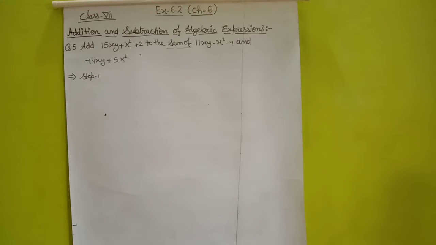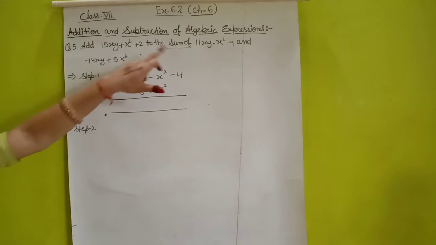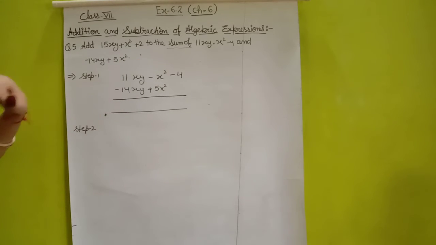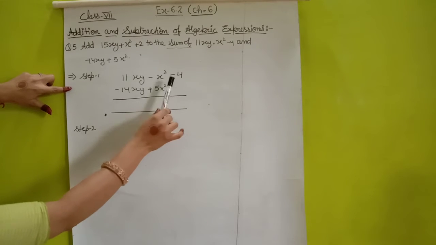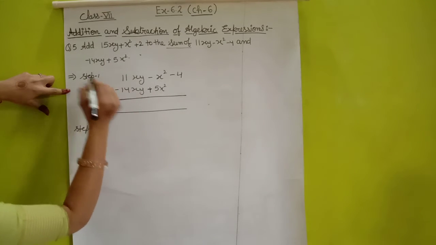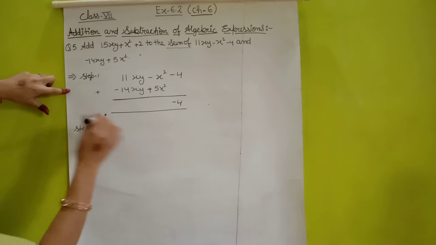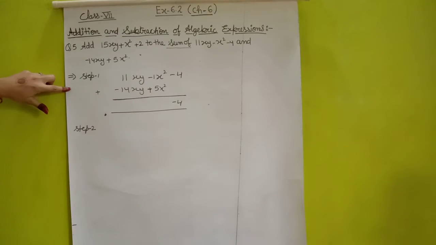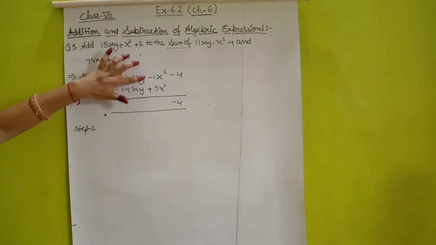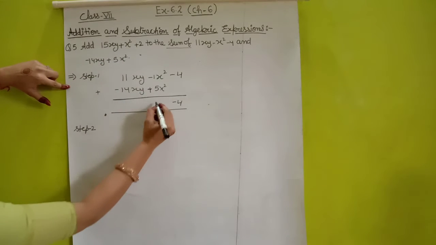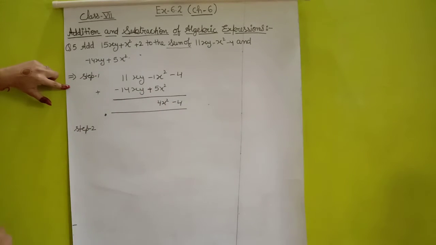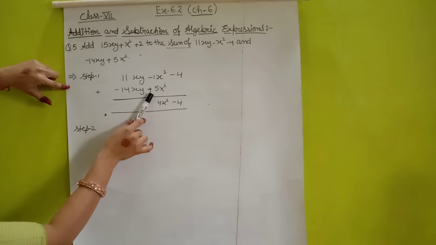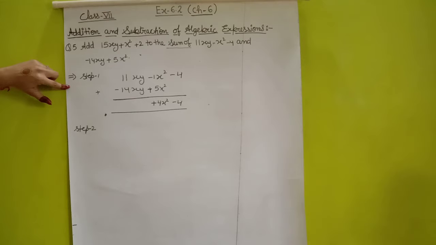Addition, you know very well, we did in the last class. You can see, in step 1 I have written these terms in the column method, and minus 4 is alone, so minus 4 will come as it is. Now minus x square and plus 5x square. Minus x square means 1x square. Minus plus will be minus, so 5 minus 1, 4 will come, x square as it is, and the sign of 4 will be the sign of the greater number, which is the sign of 5.